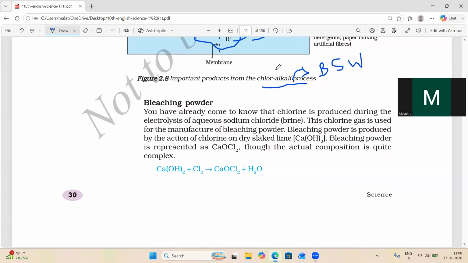Bleaching powder is also known as calcium oxychloride.